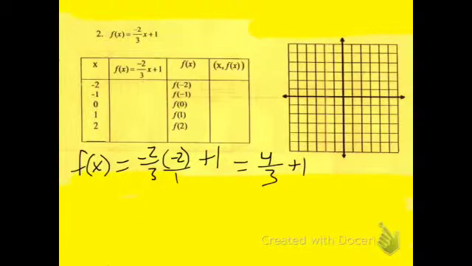And then we have the plus 1 feature. 4/3 plus 1: 4/3 is kind of like 1 1/3, so you got 1 1/3 plus 1 gives you 2 1/3, which is the same thing as 7/3. Okay, remember, 1 is the same thing as 3 over 3 or 4 over 4, and so forth. So here you're going to have 7/3.